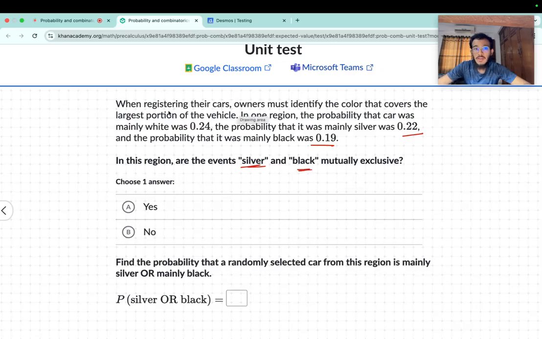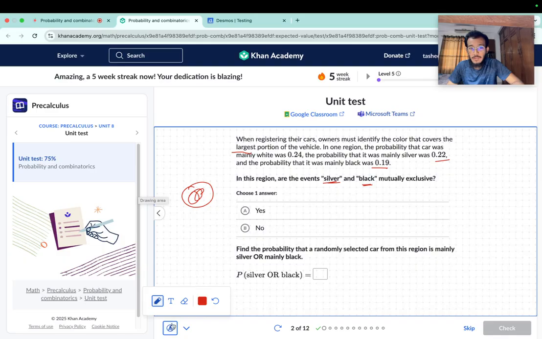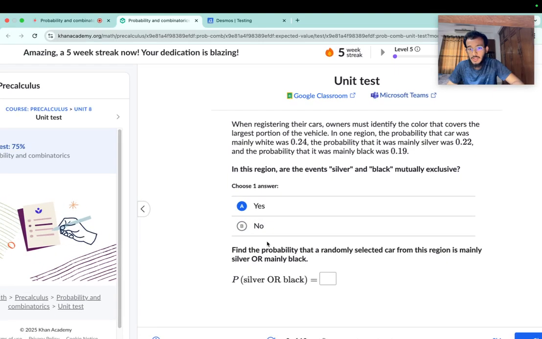The definition is the color that covers the largest portion of the vehicle. If the largest portion is already taken by silver, how can it be black? How can it coexist? Mutually exclusive refers to events where if you have one, you can't have the other. You can't have a car that is majority silver and also majority black, because if one is majority, the other will inevitably be minority. So yes, they are mutually exclusive.